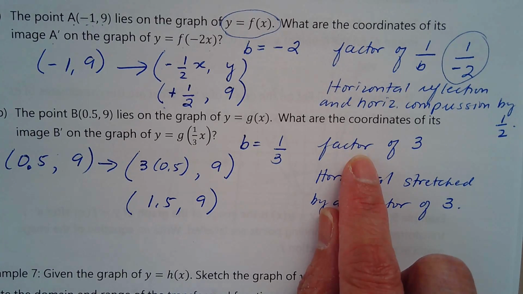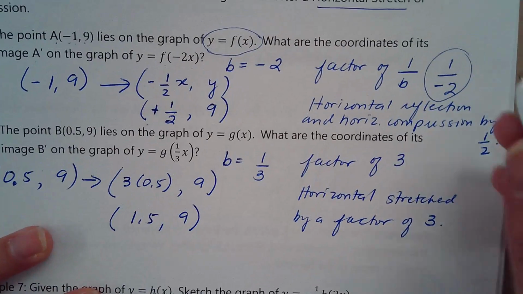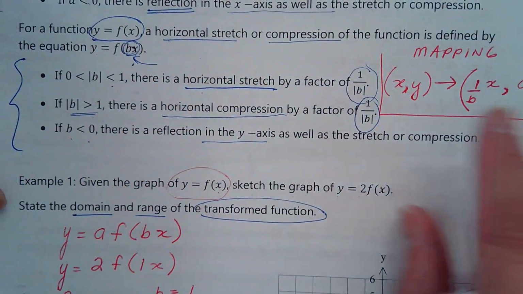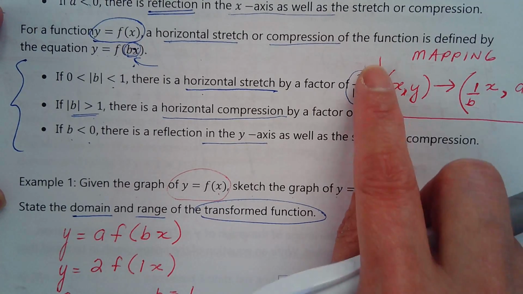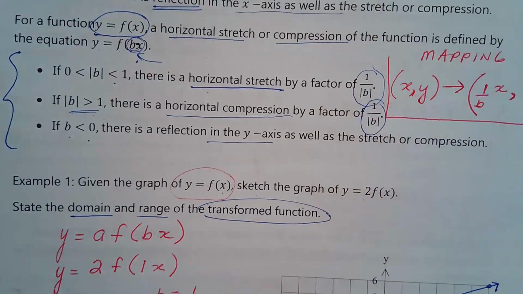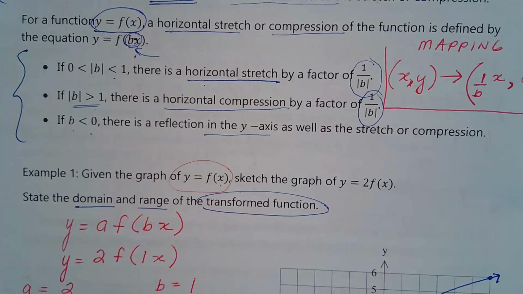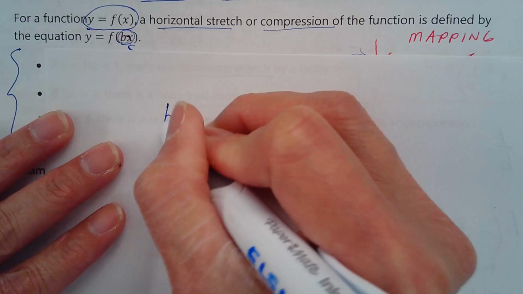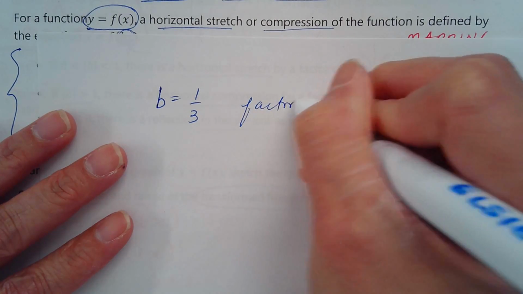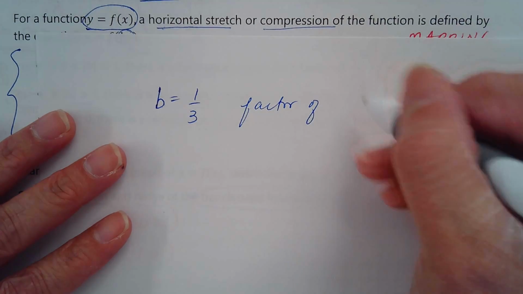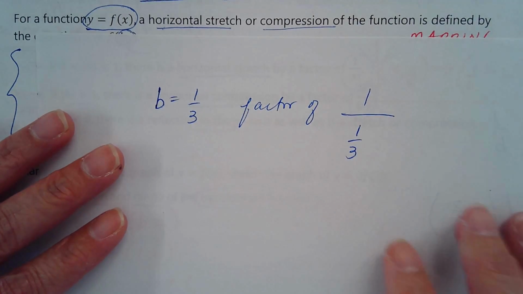For this one here, our x value will be multiplied by a factor of 1 over b. So when we have a 1/3, let's say b is equal to 1/3, we're looking at a factor of 1 over b, which is 1 over 1/3.